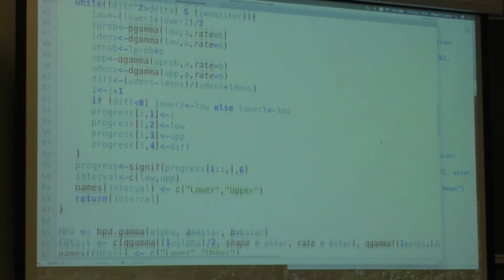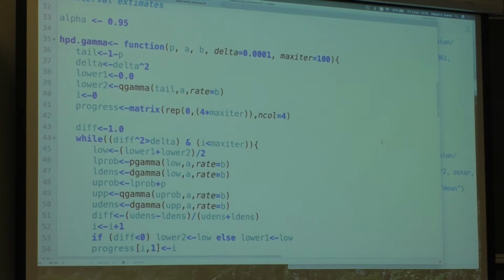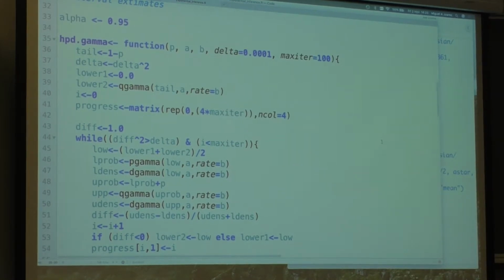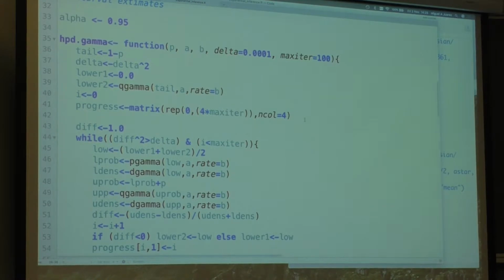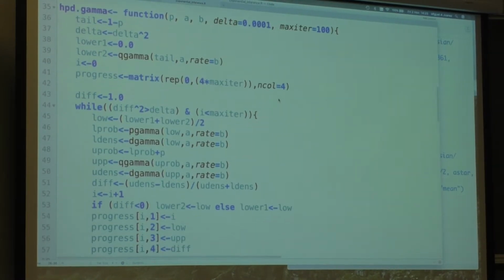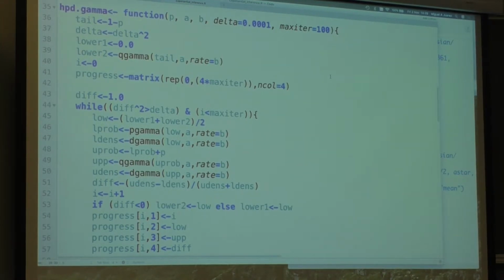To calculate the highest posterior density interval, that requires a bit more maths. And this is my little function that calculates the HPD. Okay? What this means, practically for you at least, is that in the exam, if you are asked for an HPD, that means one of two things.